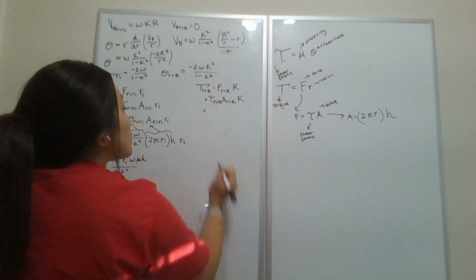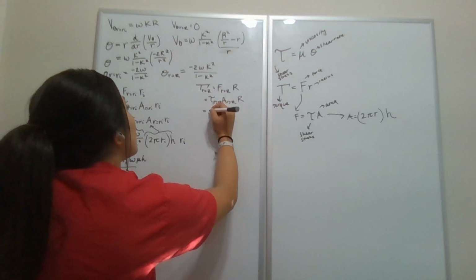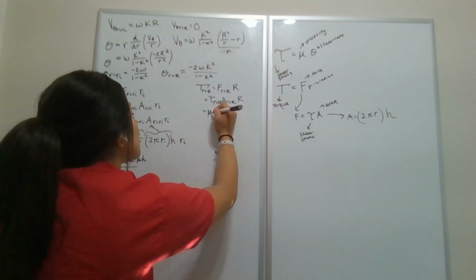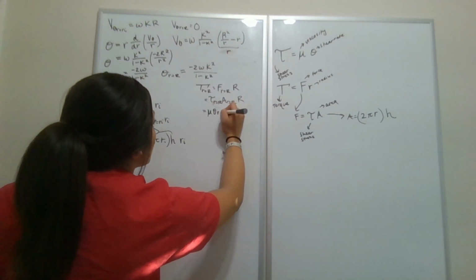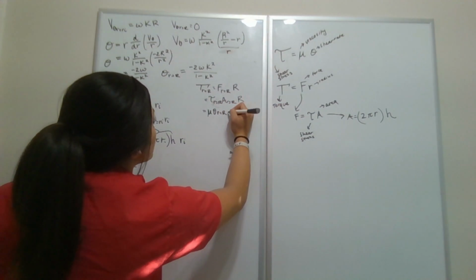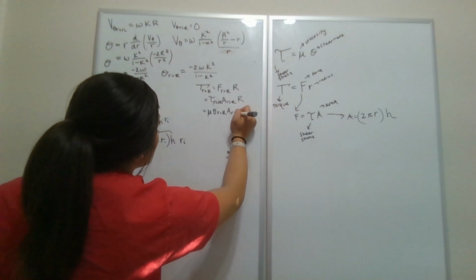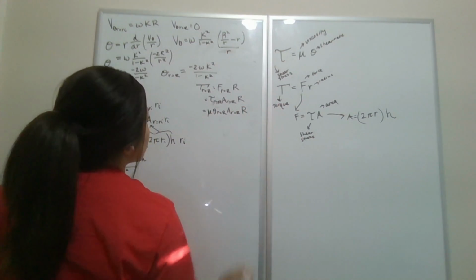And knowing what we know about shear stress, we can define it as the viscosity times the shear rate at the outer radius times the area at the outer radius times the outer radius.